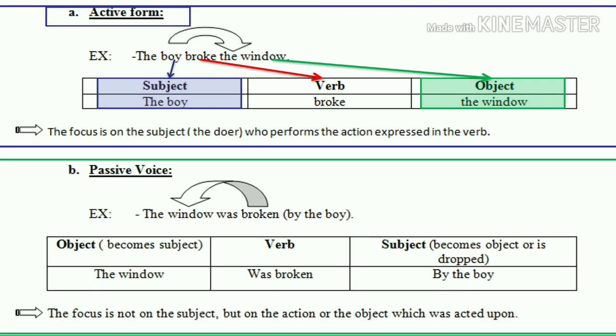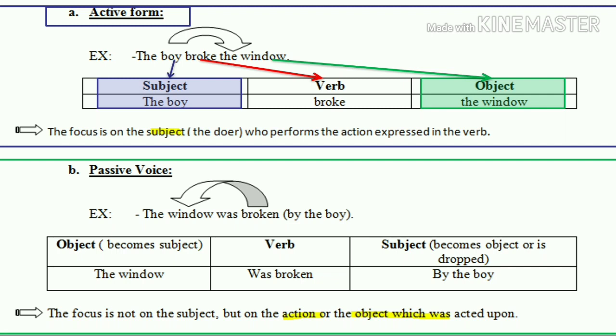While in the passive voice, the focus is not on the subject, but on the action or the object which was acted upon. See? Here the focus is on the subject, that's why we start with the subject. But here the focus is on the object, that's why we start with the object, and the action is more important. Now the window was broken by the boy.